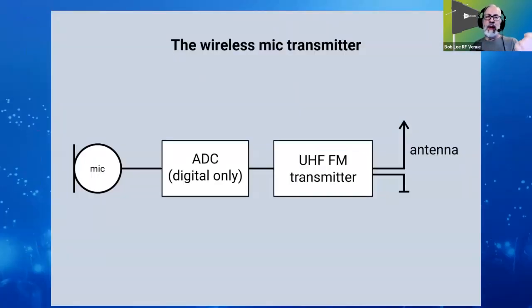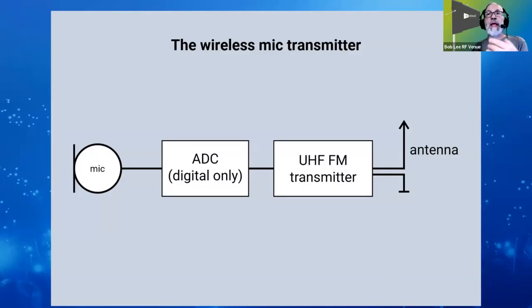So let's look at the transmitter end. Wireless mics are usually of two physical types. There's a handheld, and there's the body or belt pack, which usually has a lavalier mic capsule on a cable connected to it. But despite the physical difference, they both work the same way. Of course, we use a mic to convert sound into an electrical signal that goes into the mixer or whatever the system is.